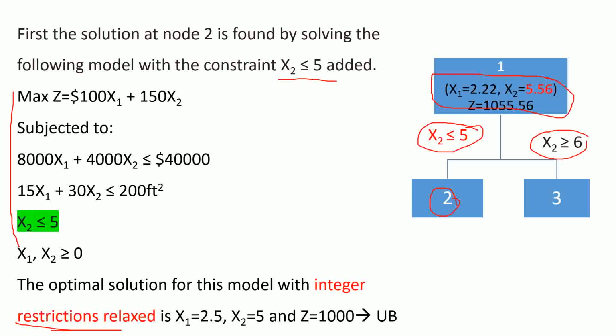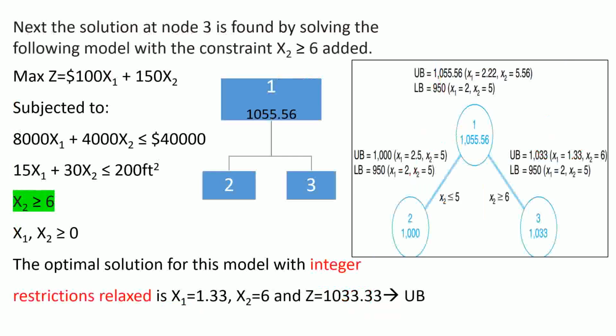By the way, for the integer restriction relaxed model, we can use either the graphical method, because the decision variables are 2, or the simplex method to find the solution. So this is the upper bound. Now we write this here. The lower bound is already known; we just took it by rounding the fractions down to the lower integers.